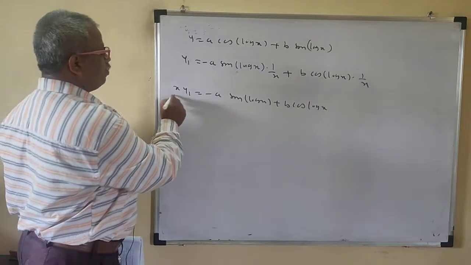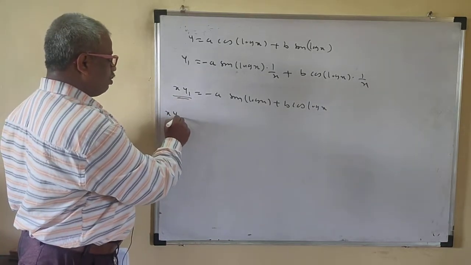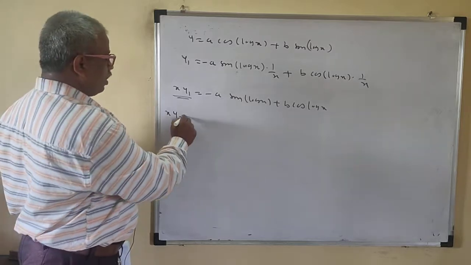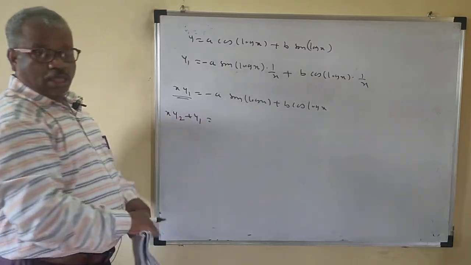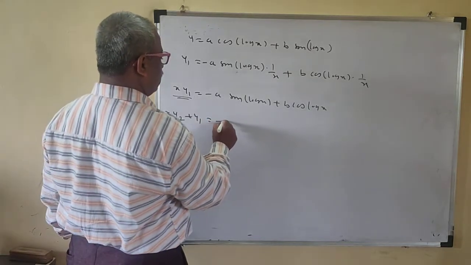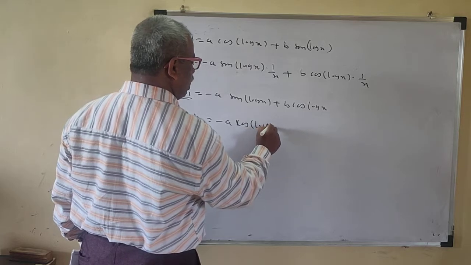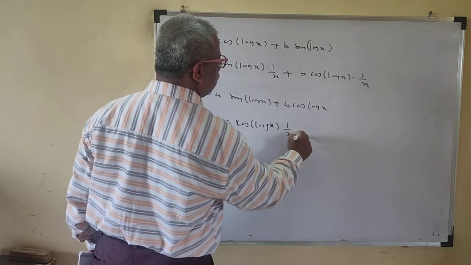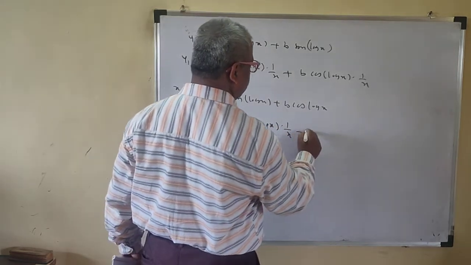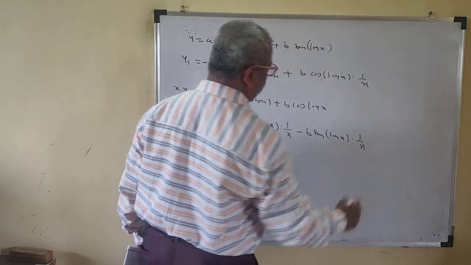Again I will differentiate this. If you differentiate this, x times the derivative of y1 is y2, plus y1. Again I will differentiate this: minus a cos of log x into 1 upon x, minus b sin of log x into 1 by x.